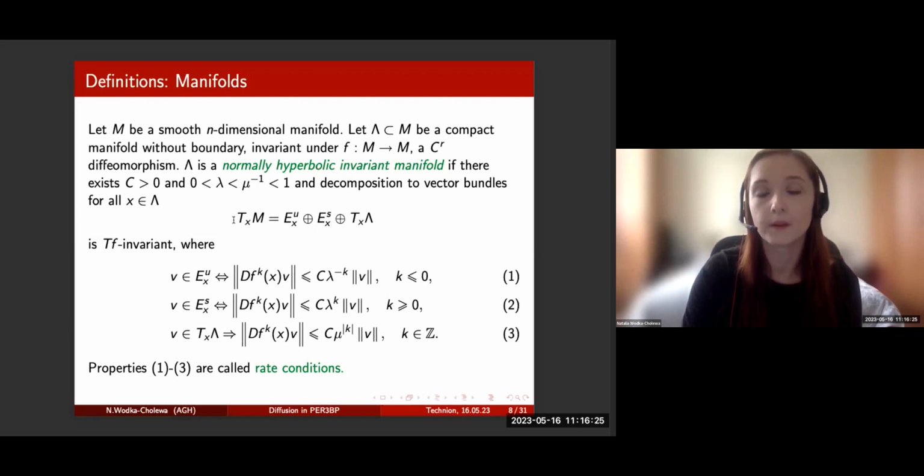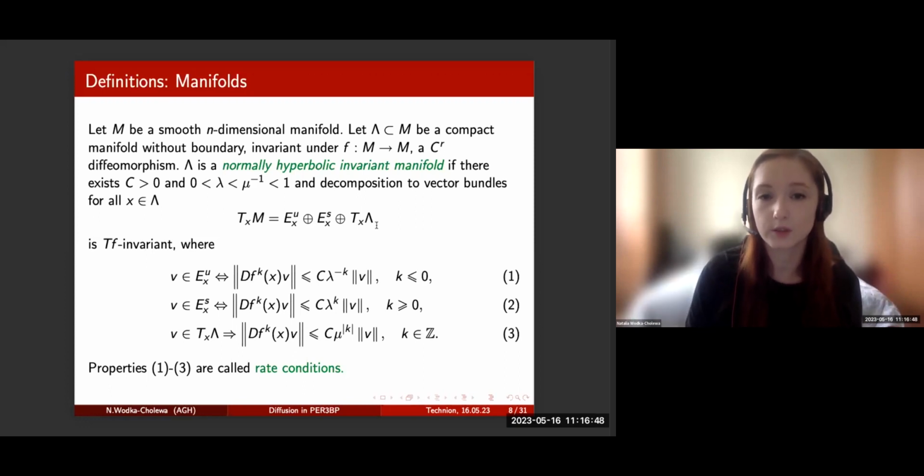So you have the tangent space at point x to our manifold M, and you can decompose it into some parts. So the E^u_x, E^s_x, and T_x Lambda. So the last one is connected to the invariant part.